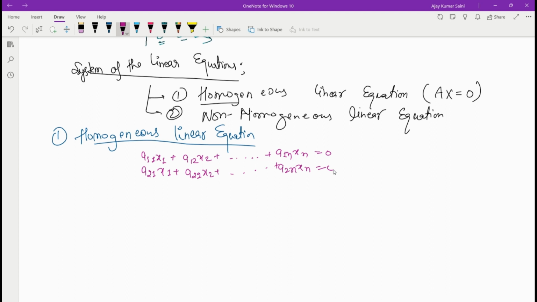And I can write here am1 x1 plus am2 x2 plus till amn xn is equal to 0. So it is a homogeneous equation.